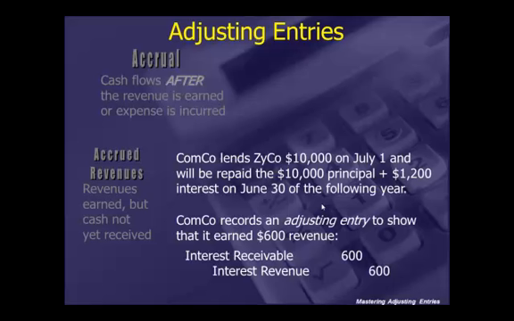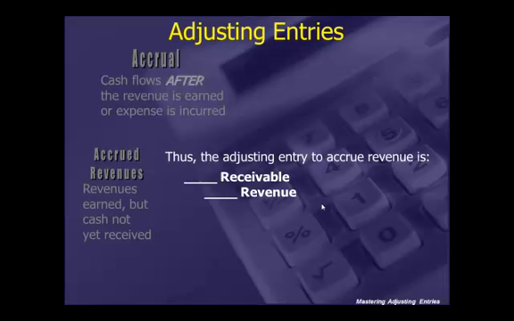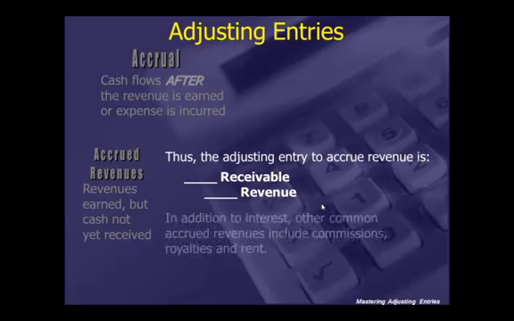And we do so by debiting interest receivable $600 and crediting interest revenue for $600. So the adjusting entry to accrue revenue is to debit a receivable of some type and credit some revenue. So in this case, it was debiting interest receivable, crediting interest revenue. Some other common accrued revenues would include commissions, royalties, and rent.